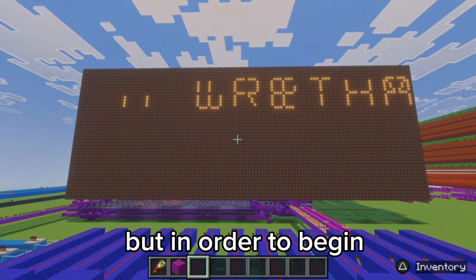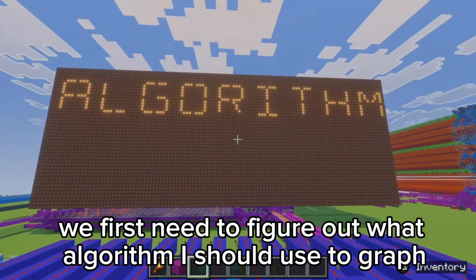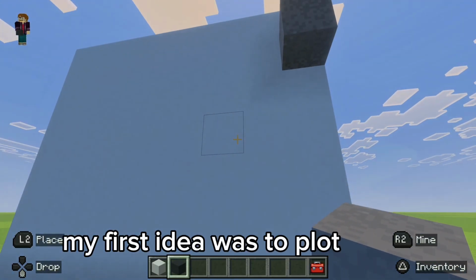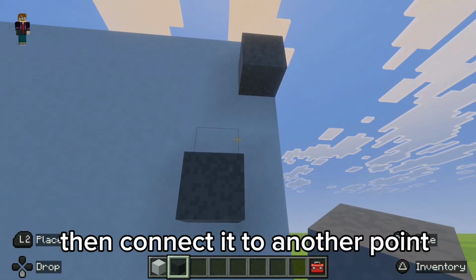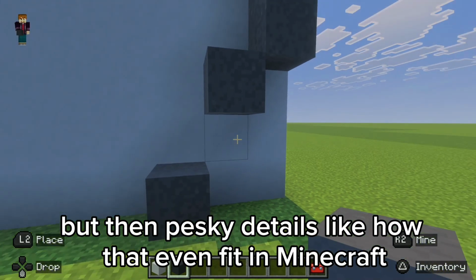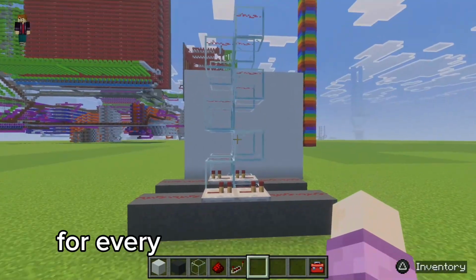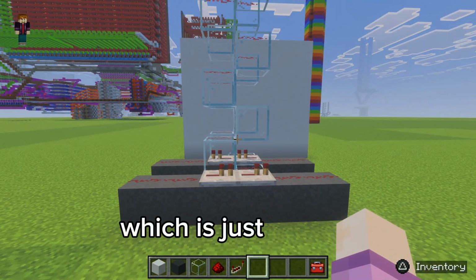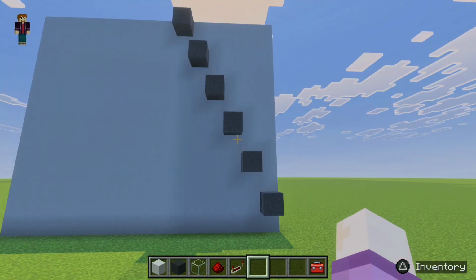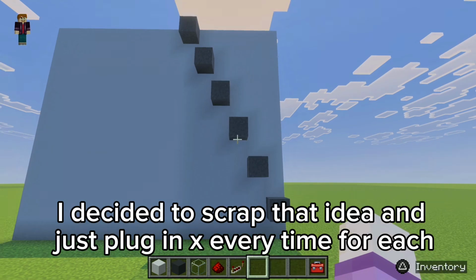But in order to begin, we first need to figure out what algorithm I should use to graph. My first idea was to plot a point, then connect it to another point, but then pesky details like how that even fit in Minecraft. Like you would need to put redstone going in all 4 directions for every segment of the display, which is just way too complicated. So I decided to scrap that idea and just plug in X every time for each whole number.